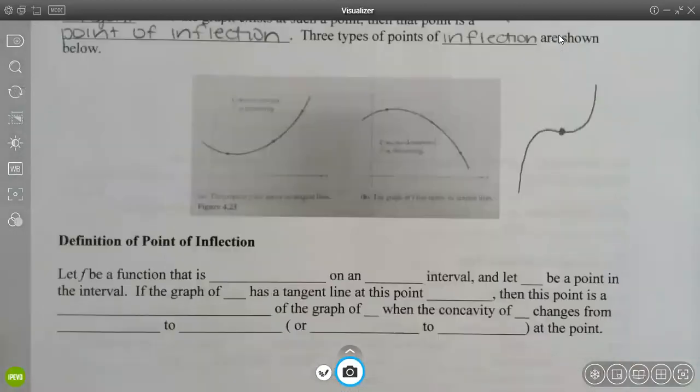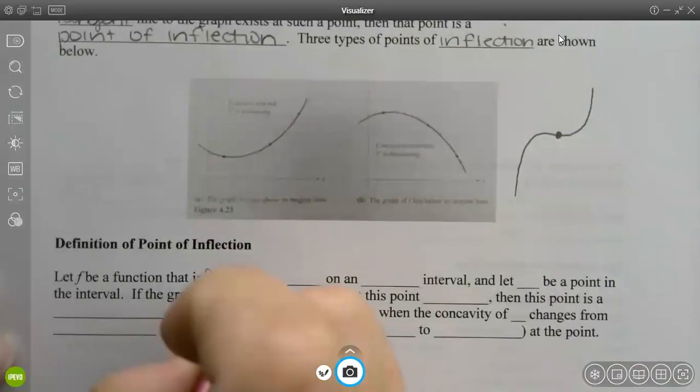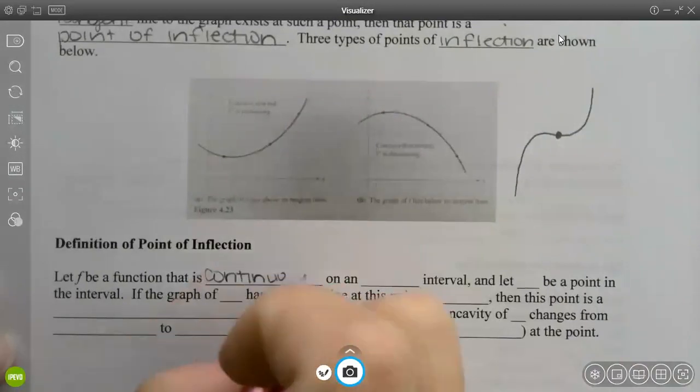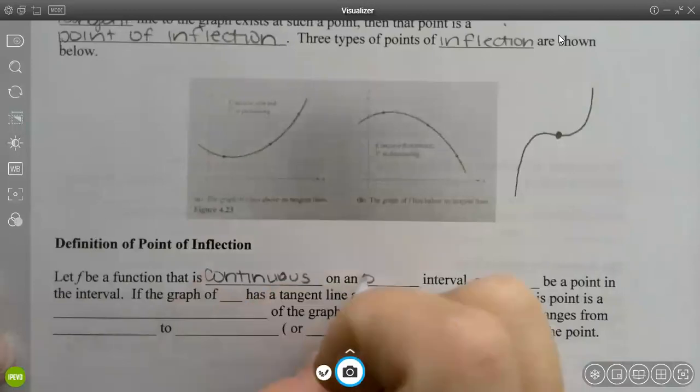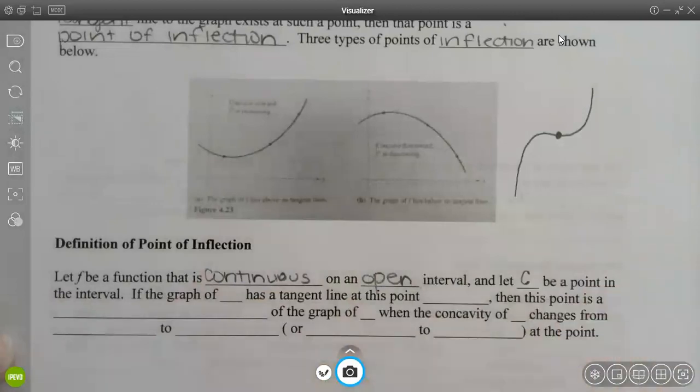The definition of a point of inflection: let f be a function that is continuous on an open interval, and let C be a point in the interval.